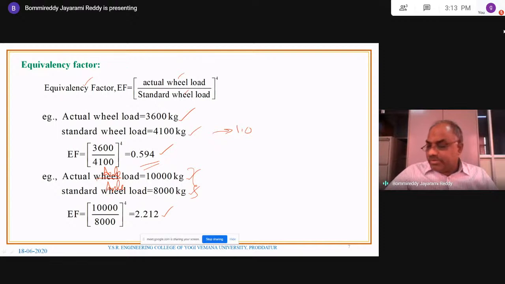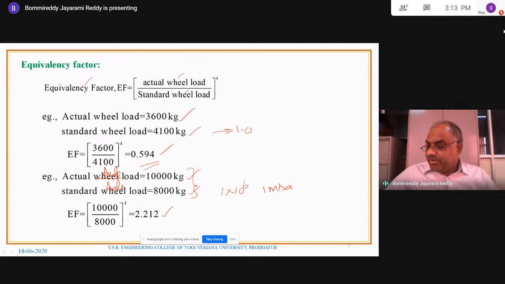For example, let us assume that standard axle loads are passing on a road, say 1 million standard axles. If 1 million standard axles are passing on the road, let us assume that the road is going to be damaged. What is the equivalency for it?